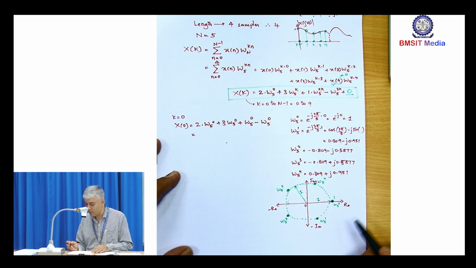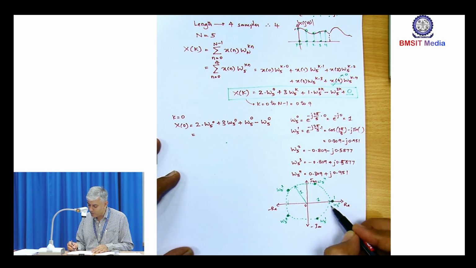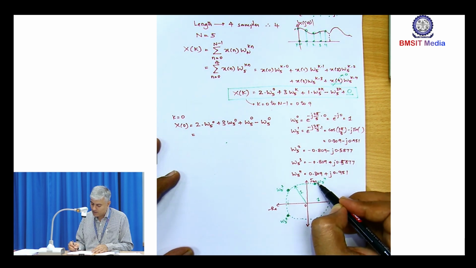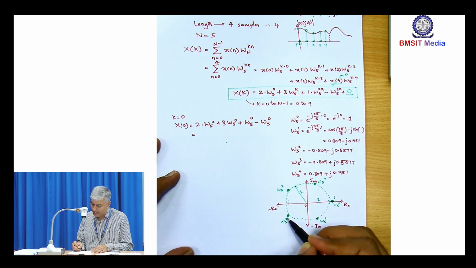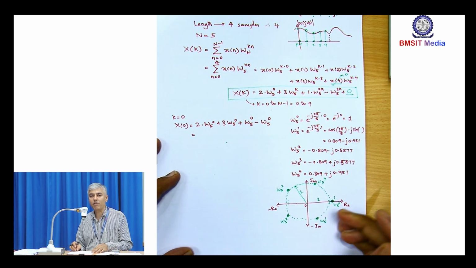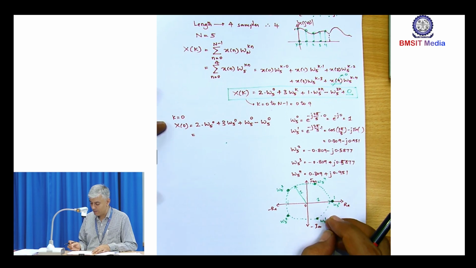So these are the twiddle factors. So W5 raised to 0, 1, 2, 3, 4. Similarly, 5, 6, 7, 8, 9, 10, 11, 12, 13, 14, 15, 16, 17, 18, 19 and so on. So this clockwise rotation of these twiddle factors keeps happening.